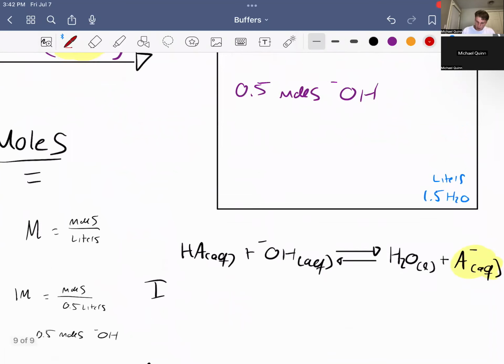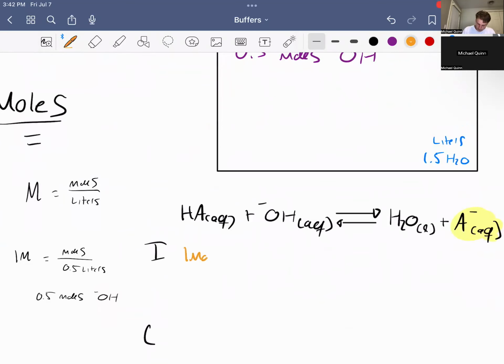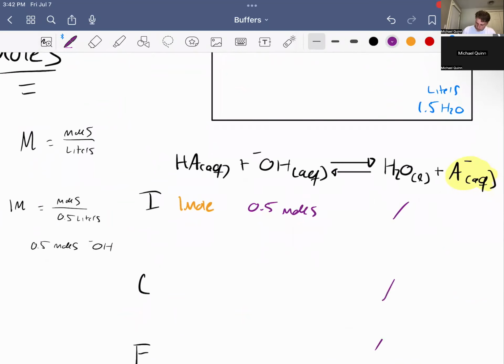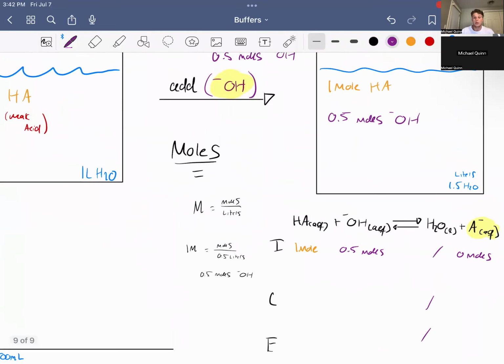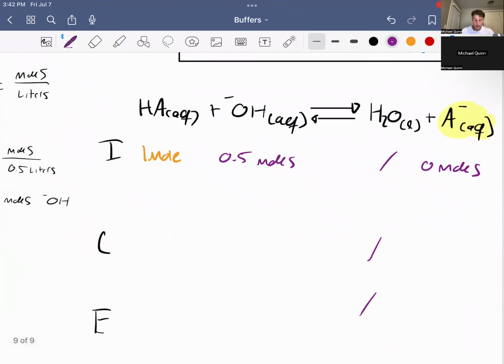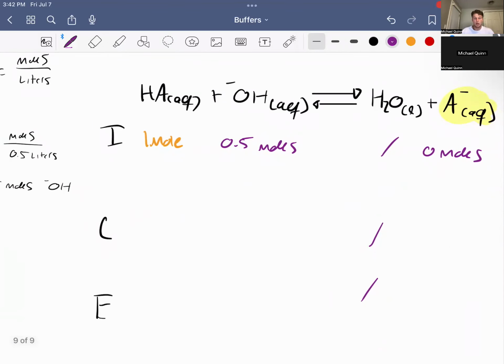We have 1 mole and 0 moles. So very similar to how we did this ice table in previous videos, we can simply use a limiting reagent type method to solve this ice table. So we have 0.5 moles of base and 1 mole of acid. So our base is going to run out first.